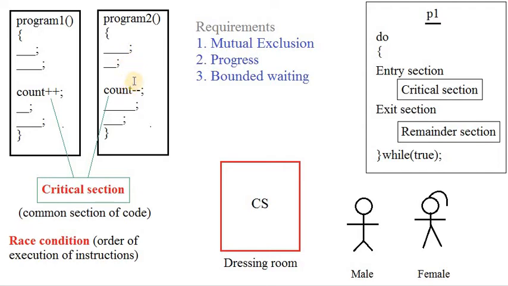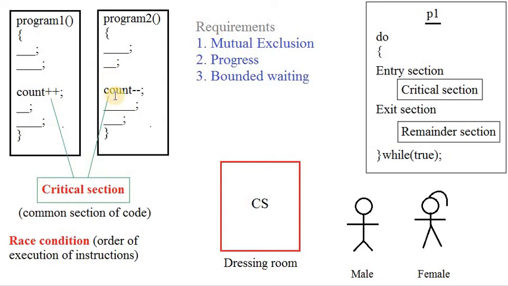When will program 2 be approved into the critical section? When program 1 completes the critical section execution, it exits through the exit section, right? So whenever it exits from the critical section and enters the exit section, only then will program 2 have a chance to enter the critical section, right?